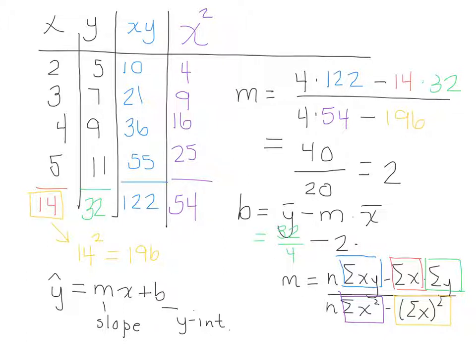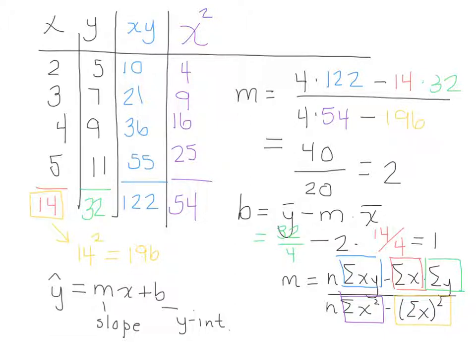Well, the sum of my x's was 14. Mean is average, so I need to divide by the number of x's I have. There were 4 of them. And so my x bar will be equal to 14 over 4.